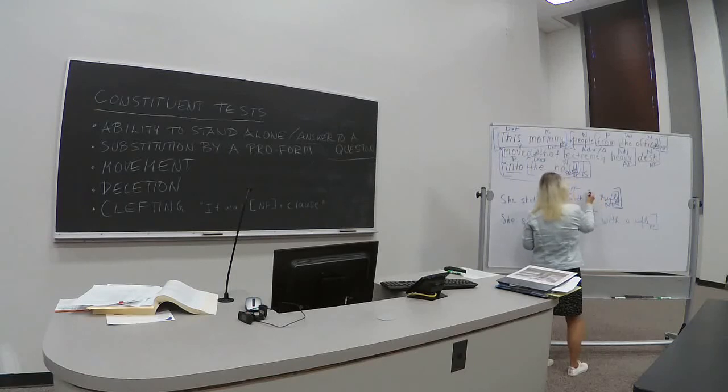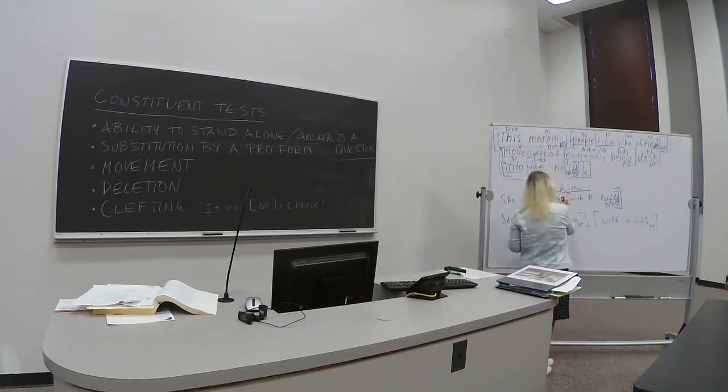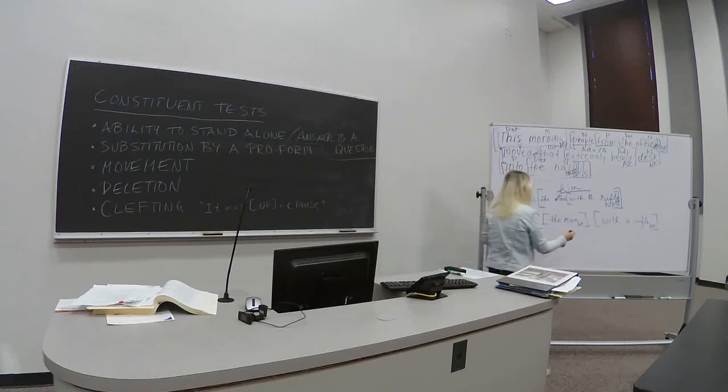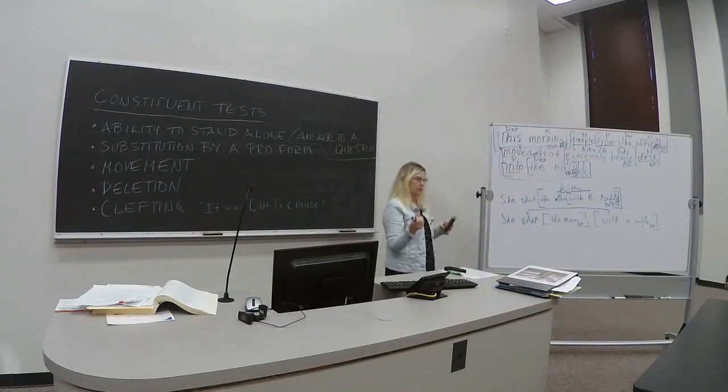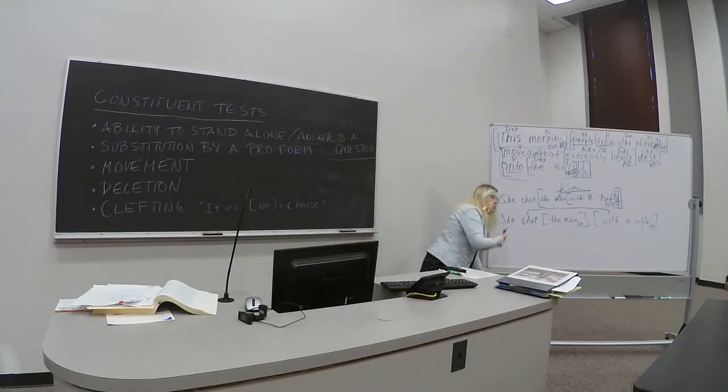It's identical on the surface, but in one case the prepositional phrase is modifying the man. Here, the prepositional phrase is modifying how she shot. And this is the beauty of understanding the syntax and constituent structure of sentences, because you can understand ambiguity, for instance.